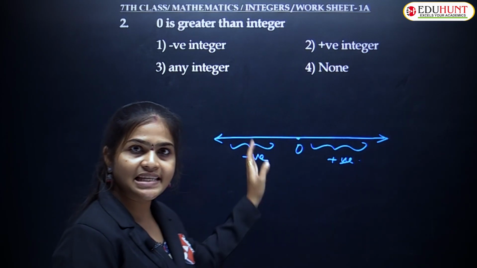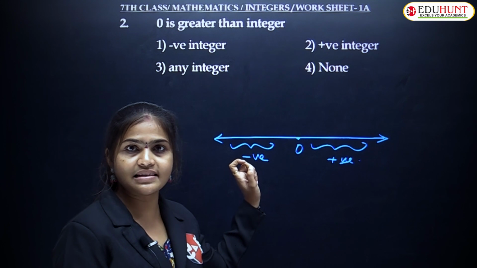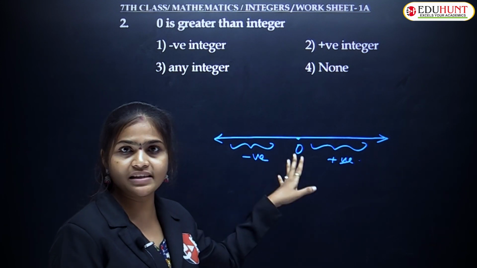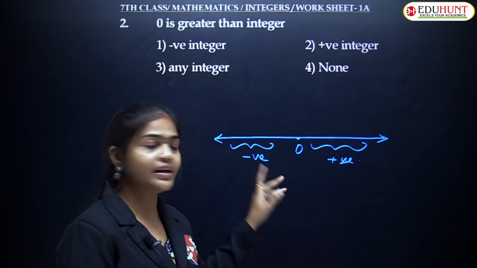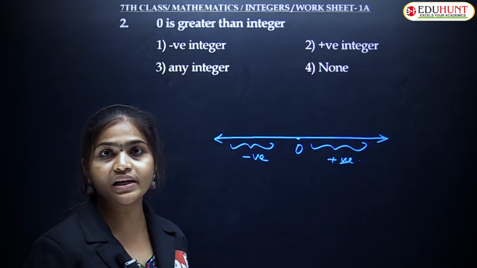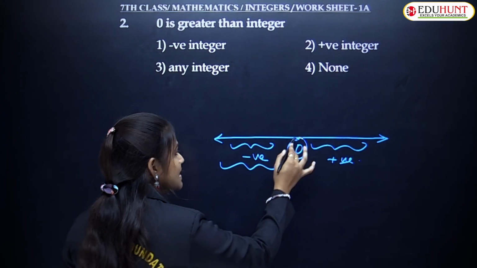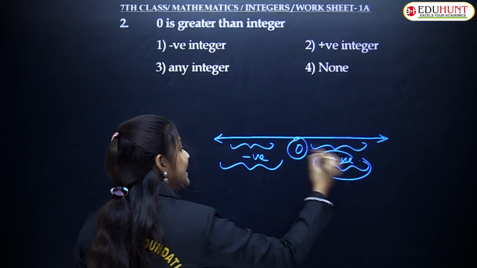In the same way, 0 is always greater than negative integers, and negative integers are always less than 0. So these are all less than 0 and these are all greater than 0.